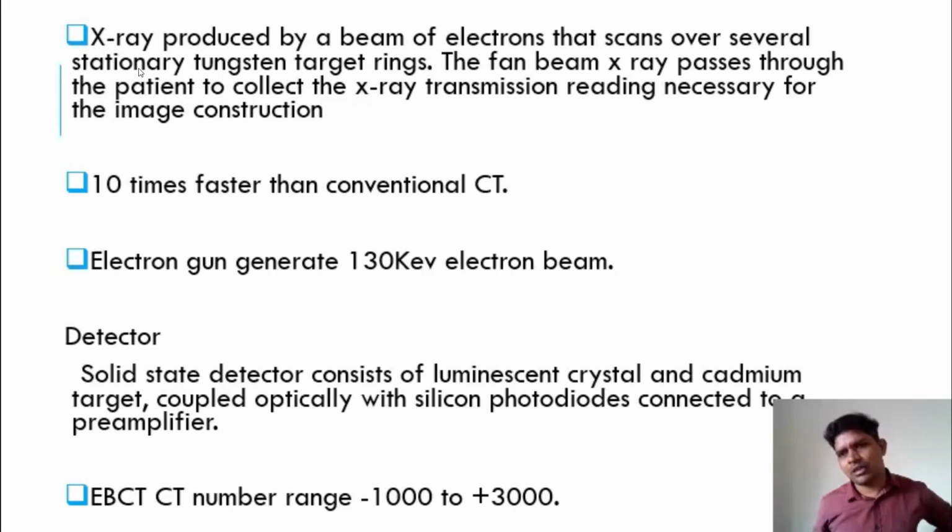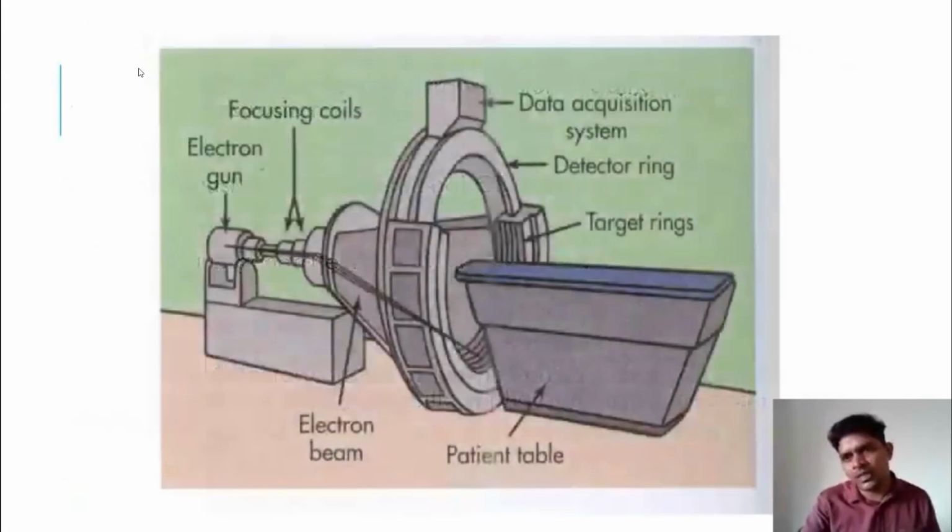The detector is usually a solid state detector consisting of luminant crystal and a cadmium target. Regarding CT number, I told you in the first generation it was 500, later 1000, and here it is minus 1000 to plus 3000, as you can see in the image.